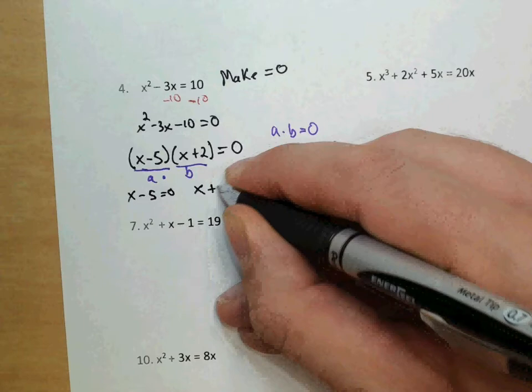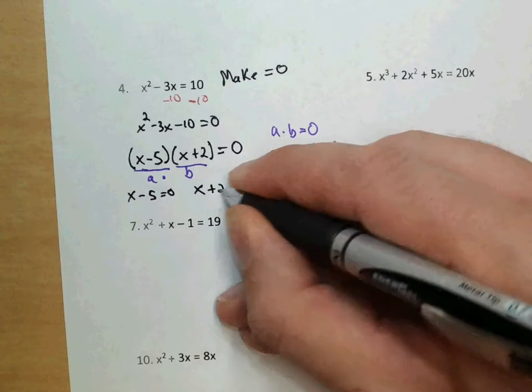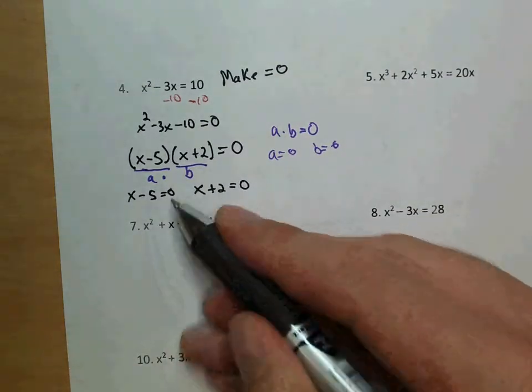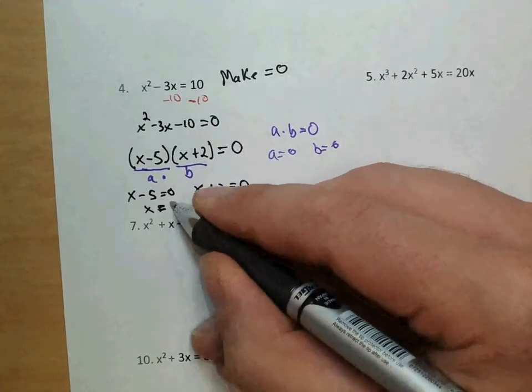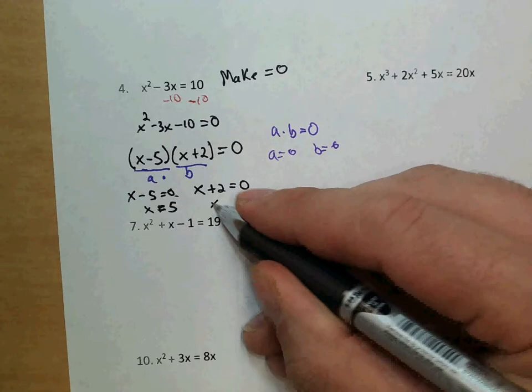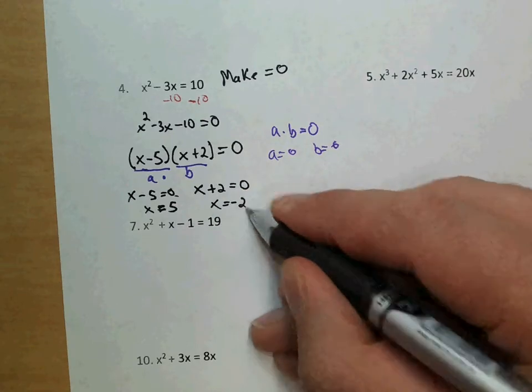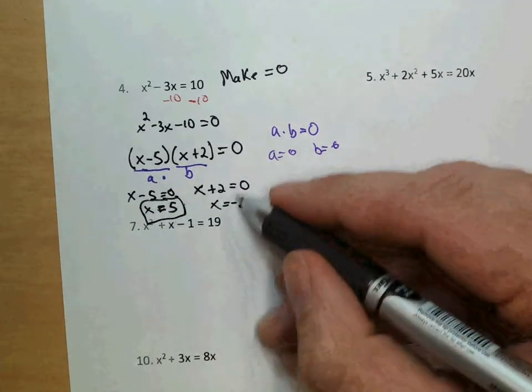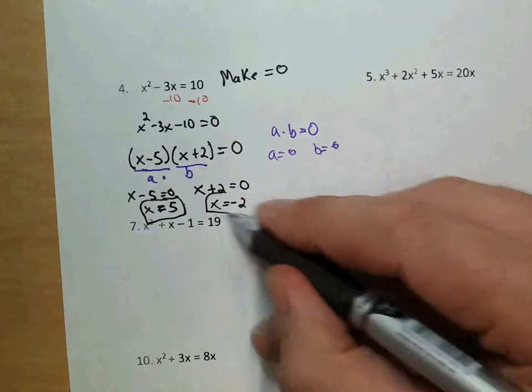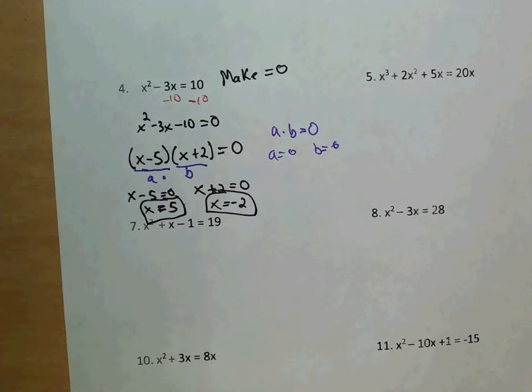We can set up 2 linear equations that say that. Either x minus 5 has to equal 0 or x plus 2 has to equal 0. These are linear equations that can easily be solved. X equals 5, we add 5 to both sides. X equals negative 2. These are our 2 answers, x equals 5 or x equals negative 2.